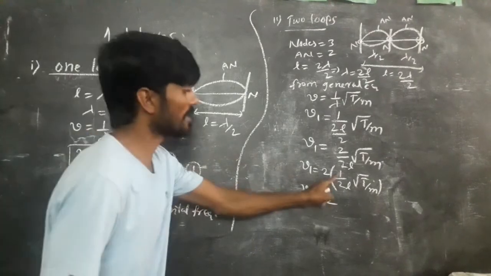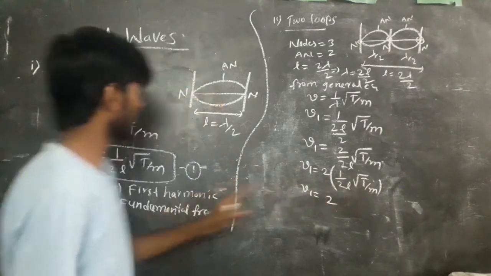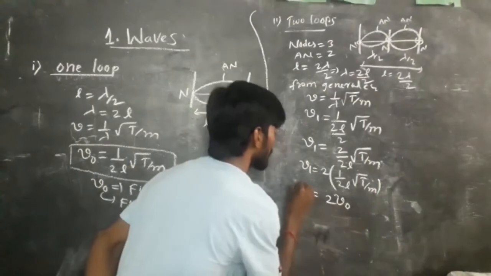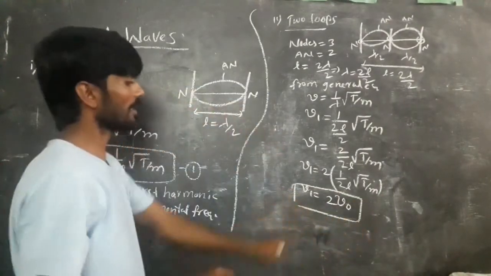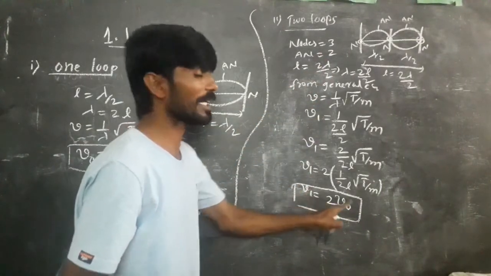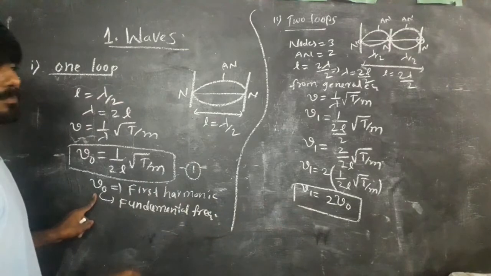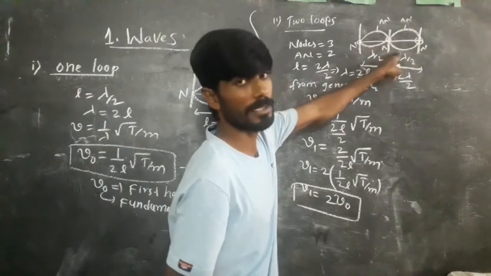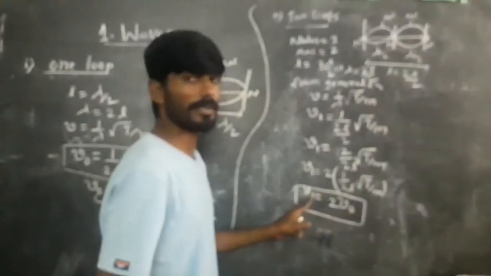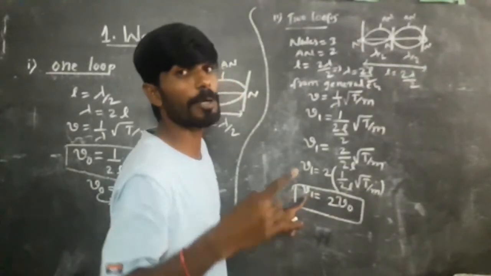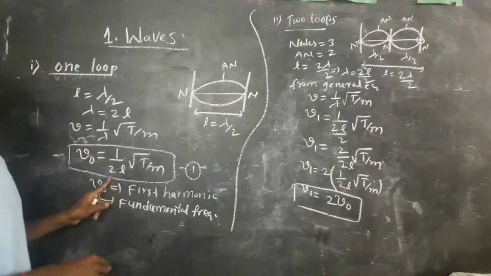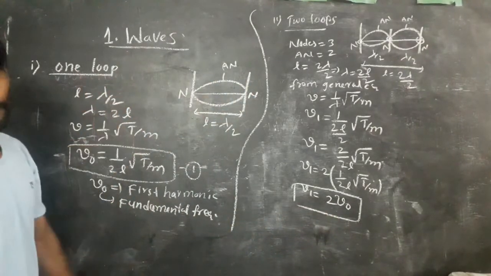So mu 1 is 2 times the fundamental frequency. When you select 2 loops, the frequency of 2 loops is 2 times the fundamental frequency.